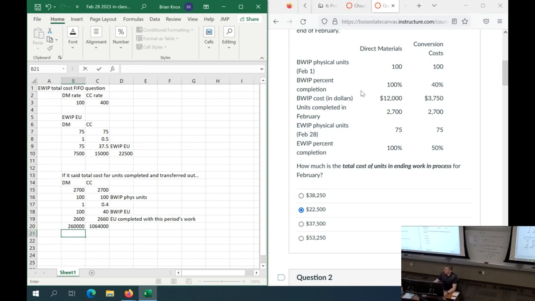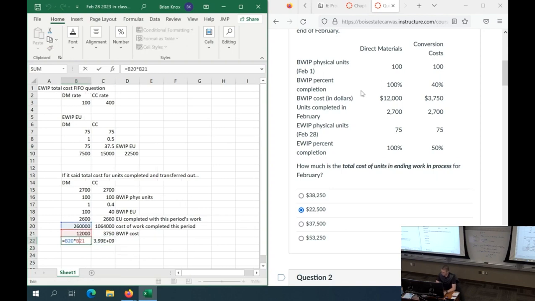It does give us the beginning WIP costs. Oh, sorry, 12,000 and 3750. Thanks, Dylan. Okay, so this is our beginning WIP cost. This is the cost of work completed this period. And we can sum those. No, we don't want to multiply them.